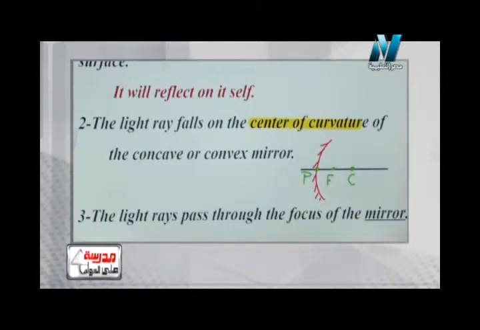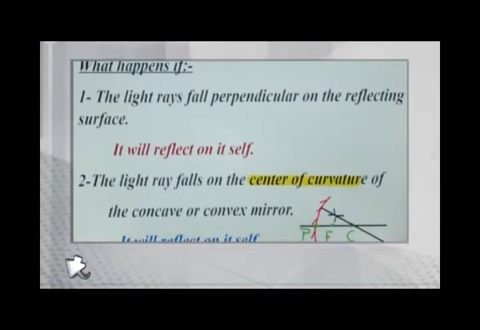In this case, what happens if the light falls through the center of curvature? It will reflect on itself, as in the previous question, it goes back on itself again.